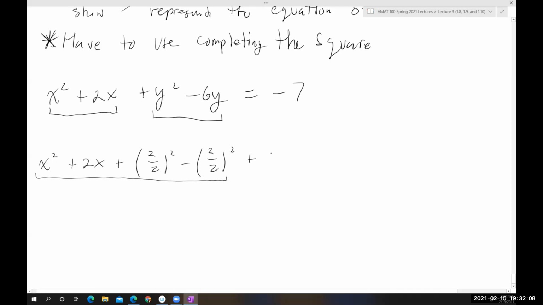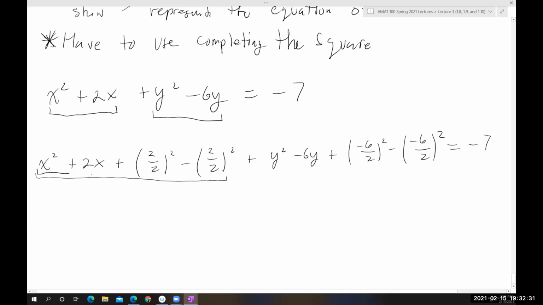Now we're going to do completing the square on all the stuff involving y. So we get y squared minus 6y. Then we take the coefficient of y, which is negative 6, halve it, square it, and we have to subtract that off, and then we have that negative 7 on the other side.